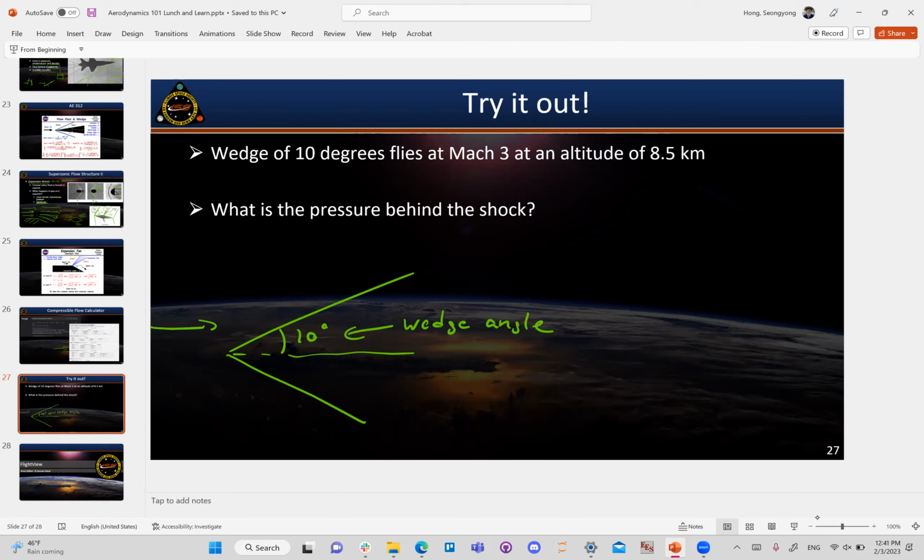It's flying at Mach 3 at an altitude of 8.5 kilometers. Oh, that's the scale height, right? And now tell me, what is the pressure behind the shock that forms? So this is a weak shock, right? This is a weak shock, yes.